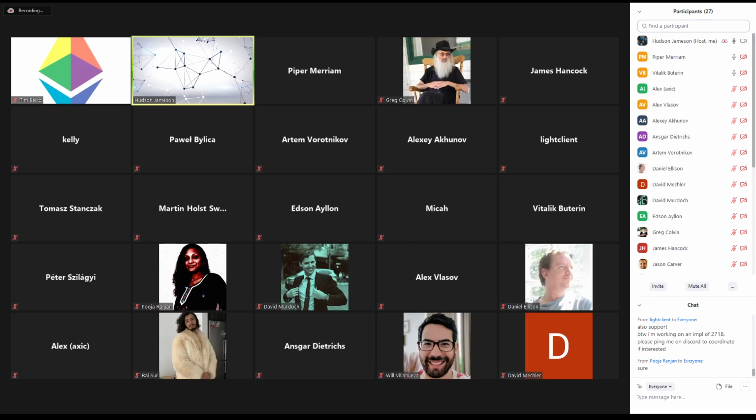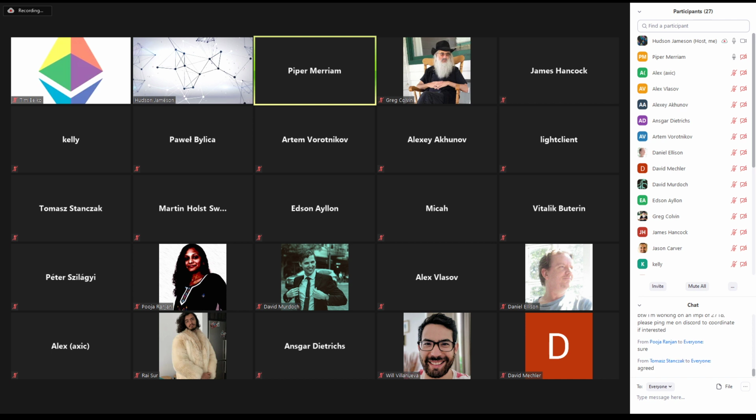Got it. My suggestion here is that 2718 not get bundled with anything else so that we can get it in as soon as possible, because we have all of these other things that are going to want to build on top of 2718, and it would be ideal for us to get 2718 out the door with minimal complexity, get everybody on board with it, and then start building on it in subsequent hard forks.